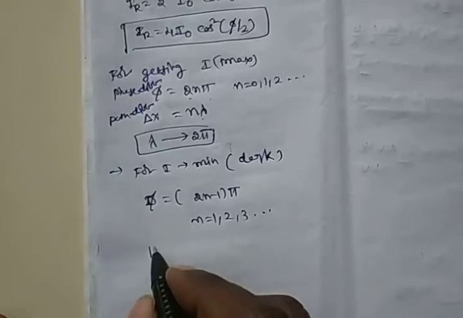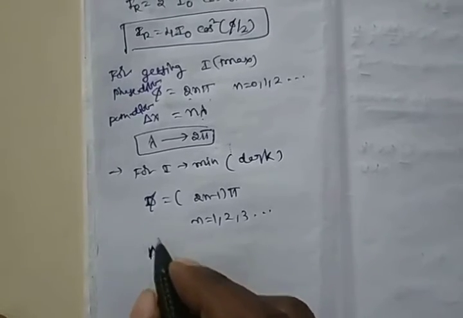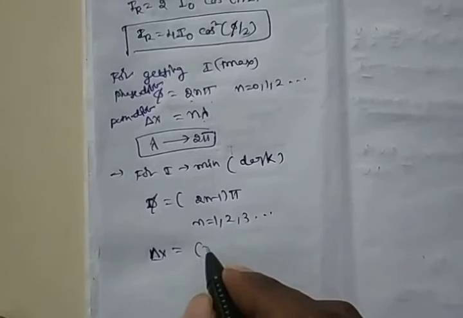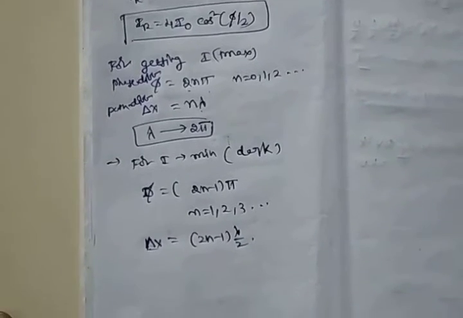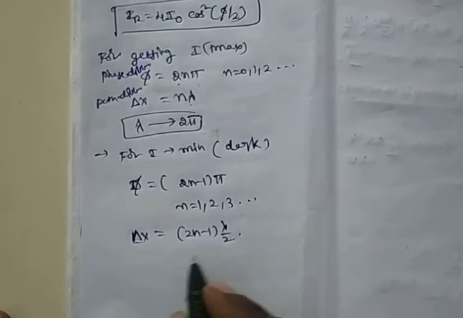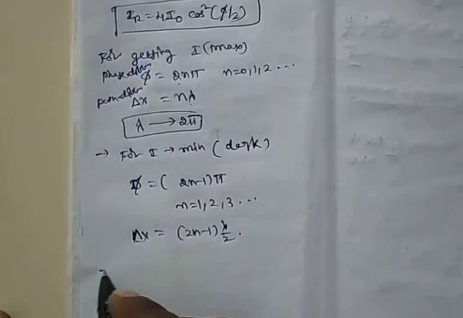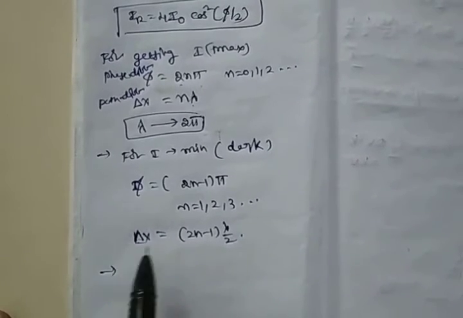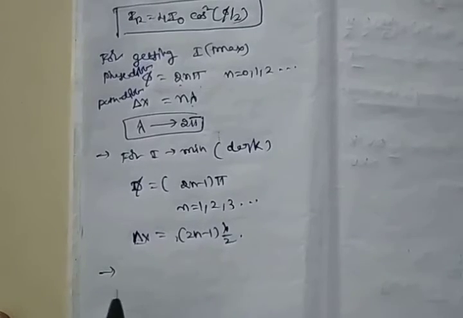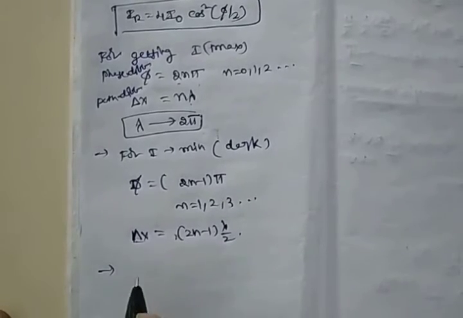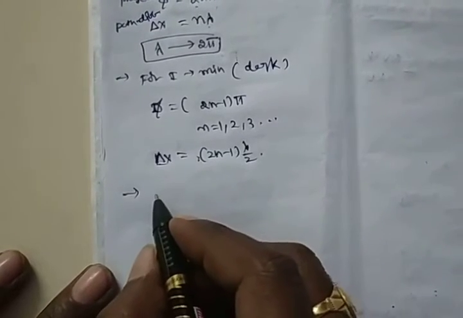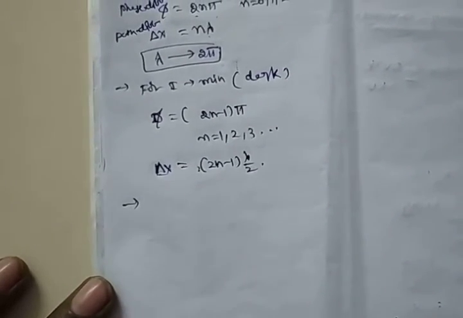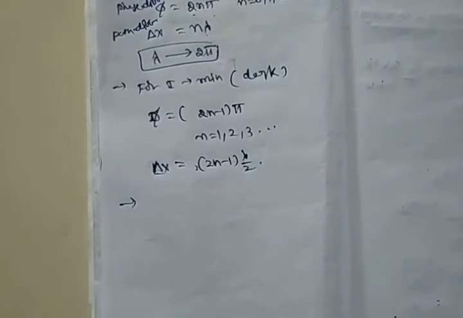So the phase difference is that, and the path difference is 2n minus 1 into lambda by 2. So this is the condition for maximum and minimum in the case of the interference pattern. Now to explain the wave formation, how the bright fringes and the dark fringes are observed.